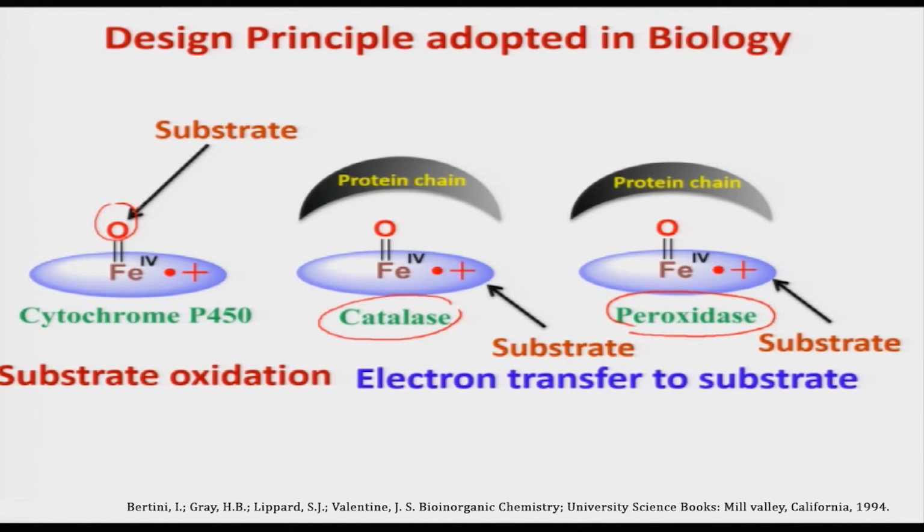So, you see the beauty of the design in biology here: although they are very similar, or almost identical in their reactive intermediate, they are doing completely different jobs in the biological system. And here you see how the protein chains which are wrapping around this molecule are actually controlling the reaction and the specificity of the reaction.